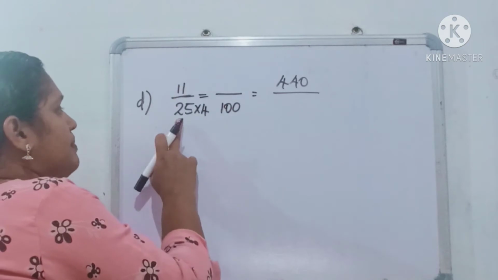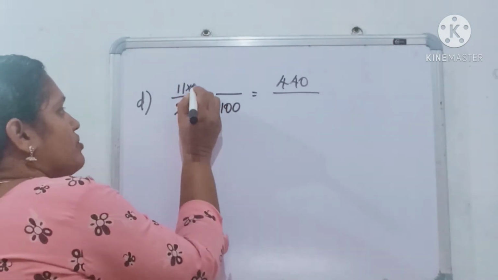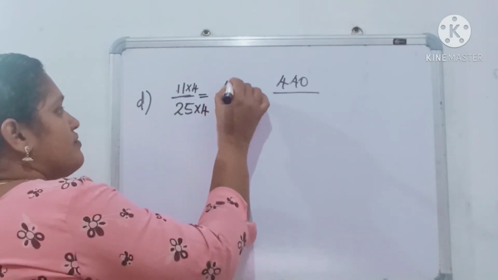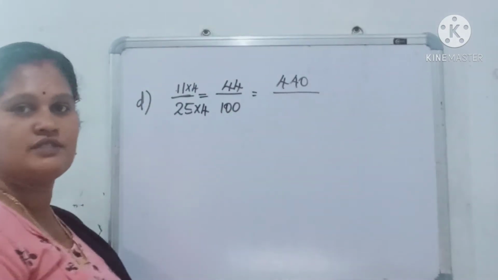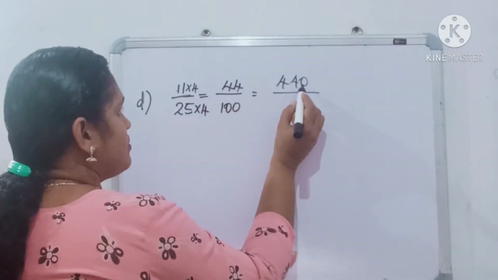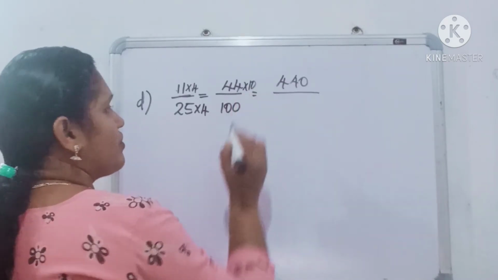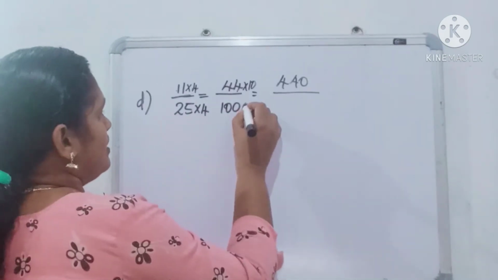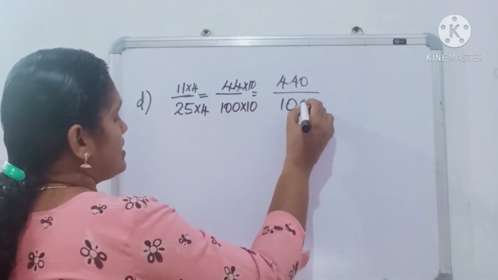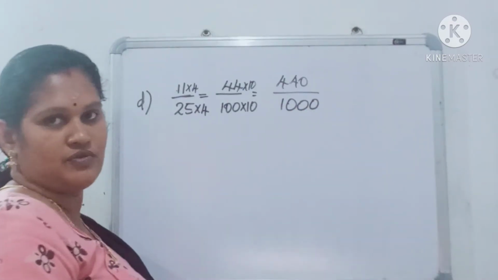When we multiply the denominator by 4, we should multiply the numerator also by 4. 11 into 4 equals 44. Okay. Then 44 into dash equals 440. 44 into 10 equals 440. Here also by 10. So this is 1000. 100 into 10 equals 1000.